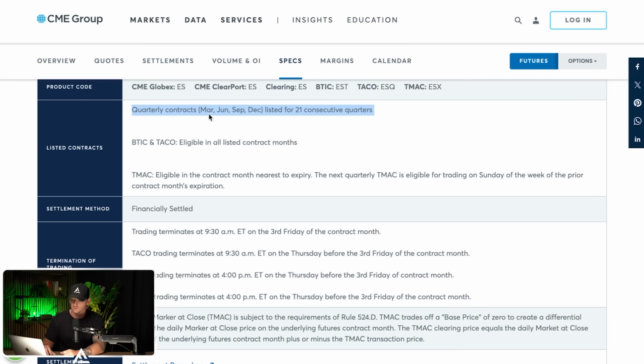You can see here listed in March, June, September, and December. As we said at the start of the video, right now in 2025, the September contract is the front contract, is the current contract that most traders are trading. But you can see they are listed for 21 consecutive quarters. Not super important for you as a day trader other than knowing, hey, this is going to roll over every couple of months for me. I need to make sure I am on the correct contract.